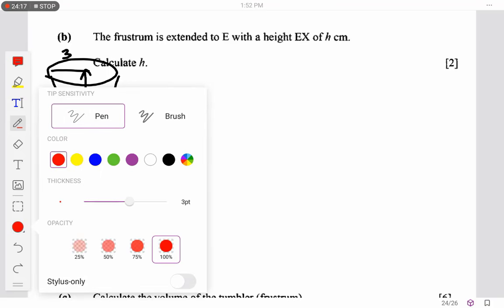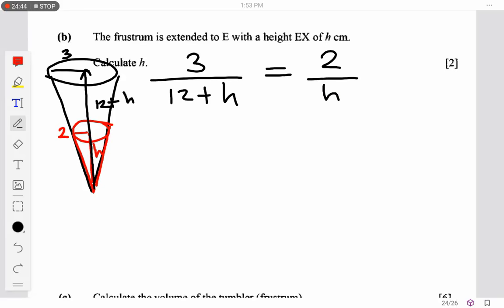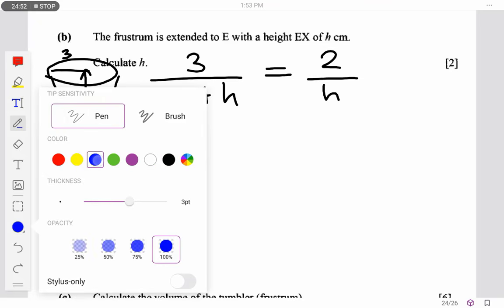So we can use ratios here. The radius of 3 over the height 12 plus h is going to be the same as the radius of the small over the height of the small. It's the same ratio. So I can now do cross multiplication.